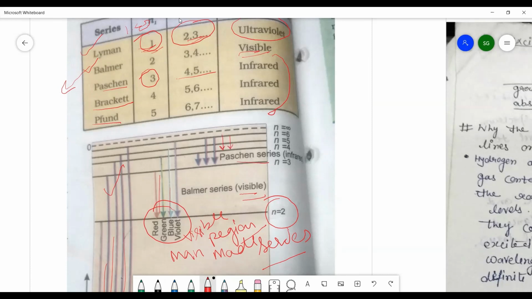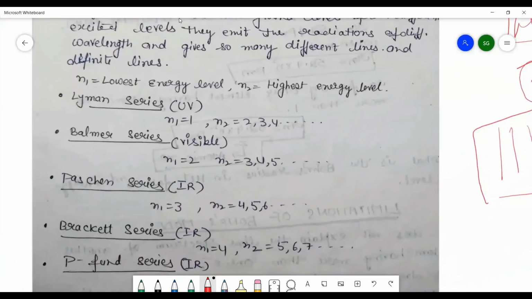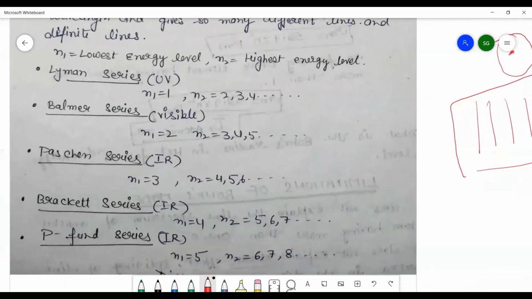From anywhere electrons come, they will reach the Brackett series. And if they come to n is equal to 5, that is the Pfund series. So these are the Paschen, Brackett and Pfund series, which belong to infrared or IR radiations.